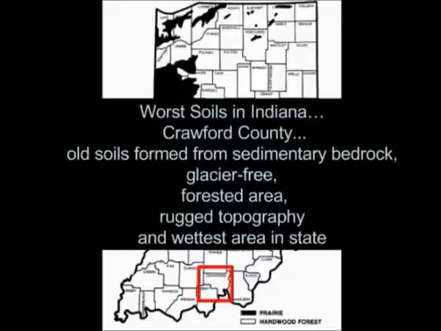It's also a forested area, so comparing forested areas to grasslands. Very rugged topography, so a lot of steep slopes in this area. And as far as precipitation, this area, combined with some of the places up along the lake, gets the greatest amount of precipitation in the year, so it also is the wettest area in the state, and so it's most prone to leaching, alluviation, and so forth.